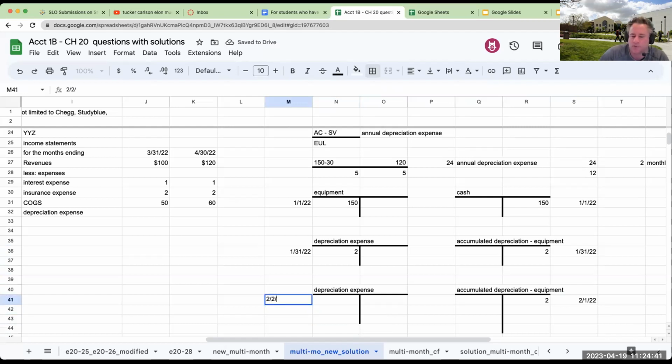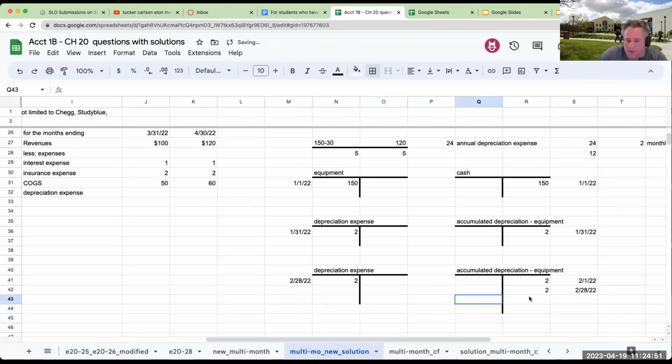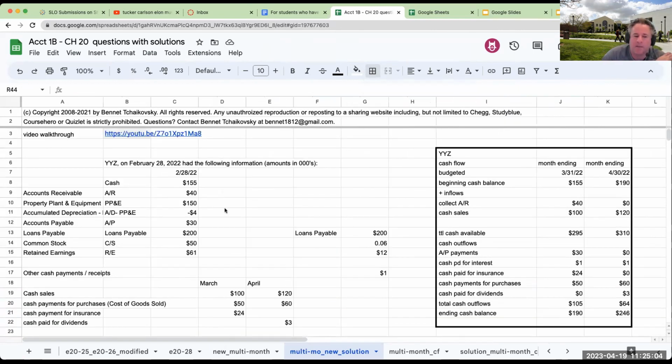Well, on 2/28/22, I would have recorded another 2,000. And this would be over here, debit depreciation expense, credit accumulated depreciation on equipment. Right over here, my accumulated depreciation on equipment balance is now at 4. This is what is showing up on my balance sheet.